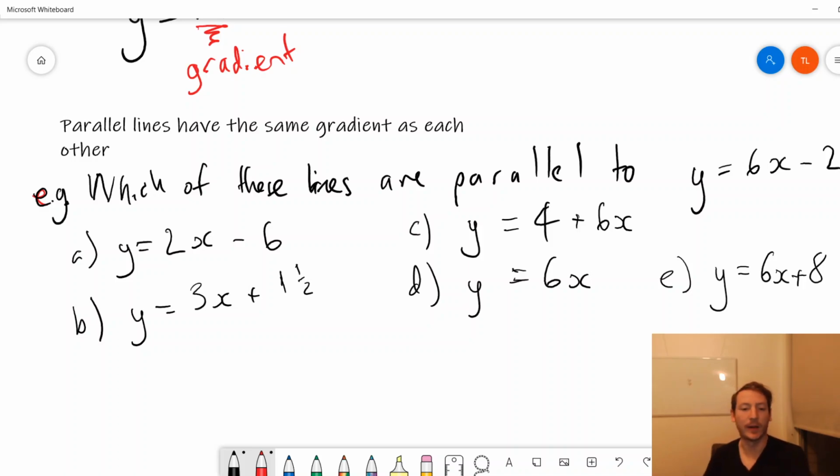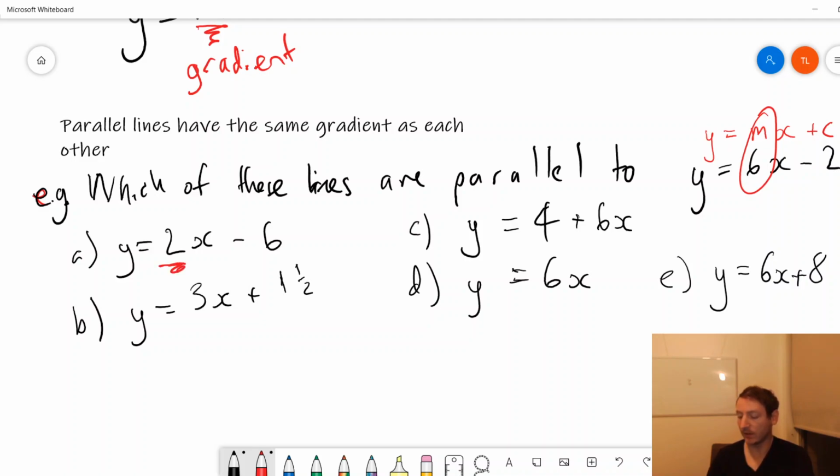Alright, so we need to figure out which of these are parallel to y equals 6x minus 2. The first step is we need to define the gradient of this line. So you can see here, the gradient is 6. It's the coefficient of the x value. So we're looking here, is there a 6 and is it the coefficient of the x?